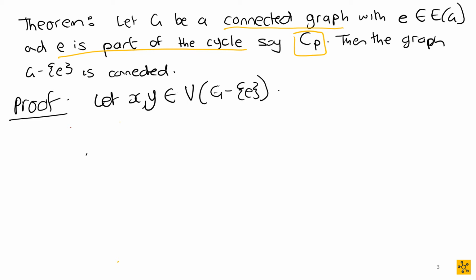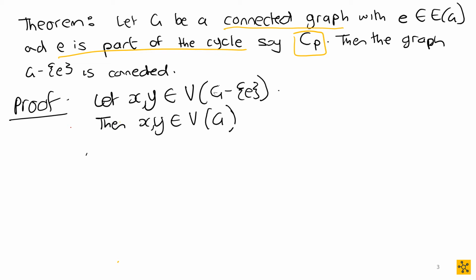But now note that technically they're also elements of the vertex set of the G graph by itself, because when you remove an edge, you're not removing its vertices. Then x and y is also an element of the vertex set of G. Okay, so we have that.